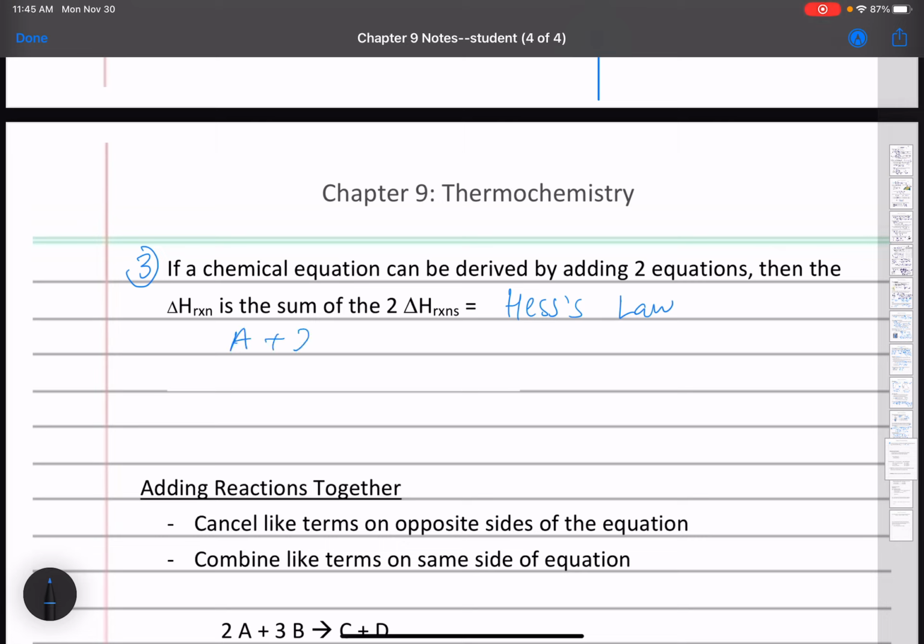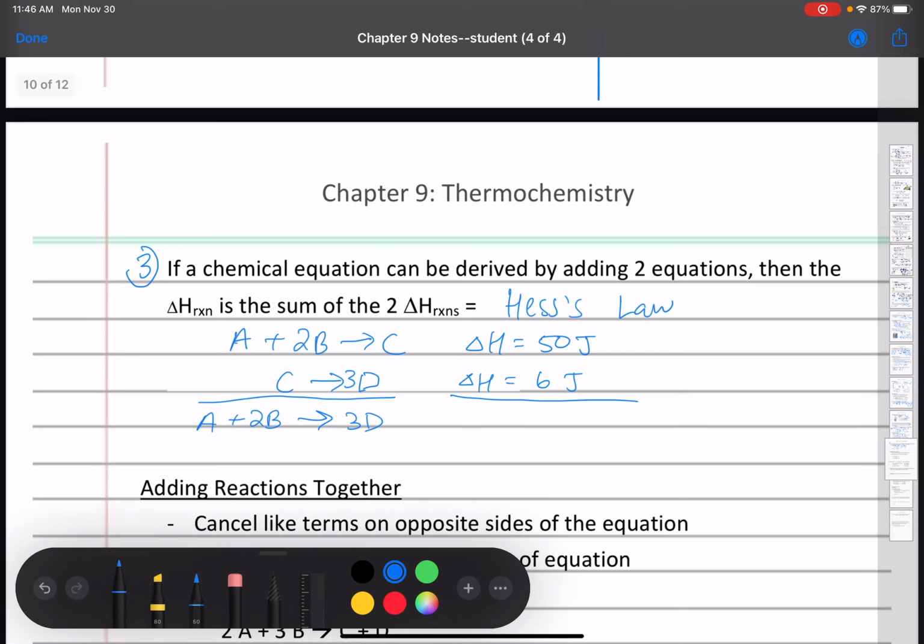If we have that A plus 2B reacts to form C, and it has a heat of reaction of 50 joules, and let's say we have a second reaction, where C reacts to form 3D, and the heat of that reaction is 6 joules, we can add these two reactions together to get an overall reaction of A plus 2B reacts to form 3D, because C would cancel out.